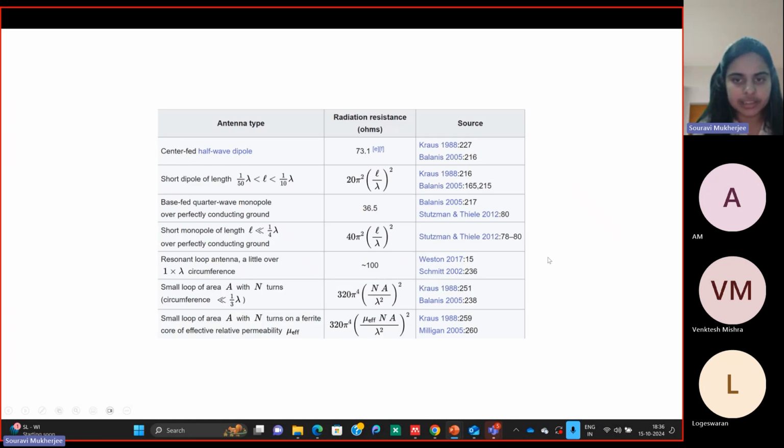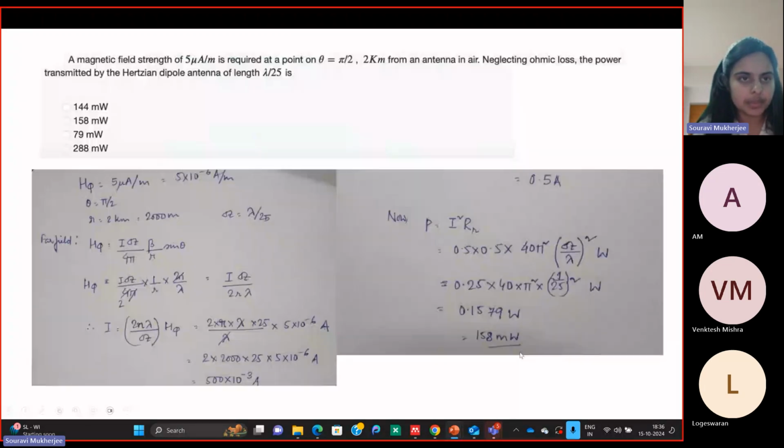And if you do that, this is how your expression for the power would look like. Okay, so there could be questions in a similar fashion, based on the same expressions that you have. Now if you were in the near field regime, then your expression for the radiation resistance would vary. Your expression for the magnetic fields would vary.